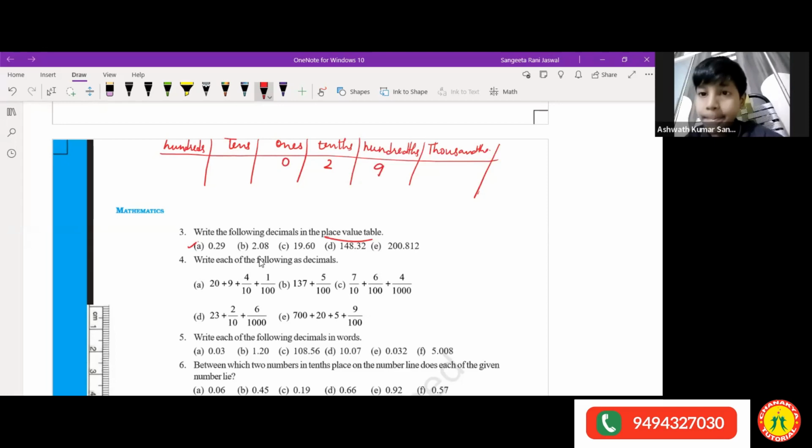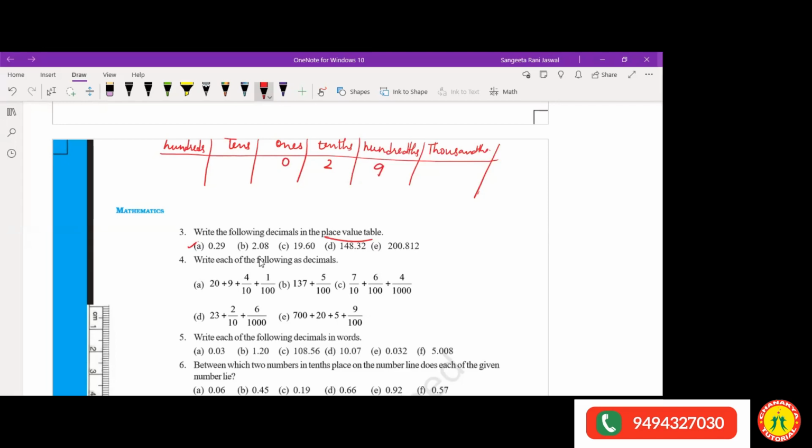Okay. Now next, Charvik, you tell me 2.08. Okay, ma'am. So 2 will be in ones place, and in hundredths place we need to write 8. Yes. And all other places which are left, you can write zeros. Okay. Next. Now tell me, Rishit, you tell me for 148.32.